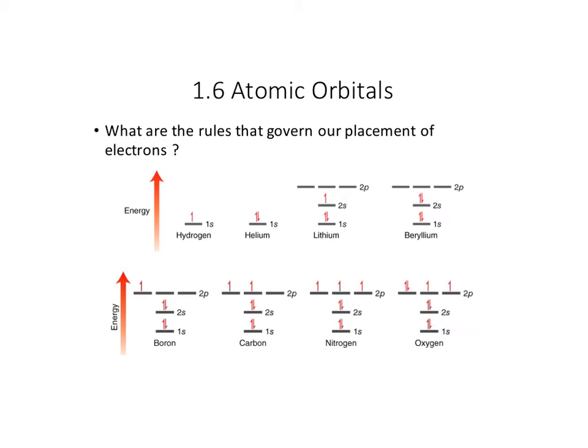And when you get to the p orbitals, for example, looking at carbon, we fill the 1s, then the 2s, each with two electrons, and then we start filling in one by one the 2p level. And of course, we fill in each individual orbital first, and then only when we have half-filled orbitals, like over here in oxygen, do we begin to pair the electrons again.